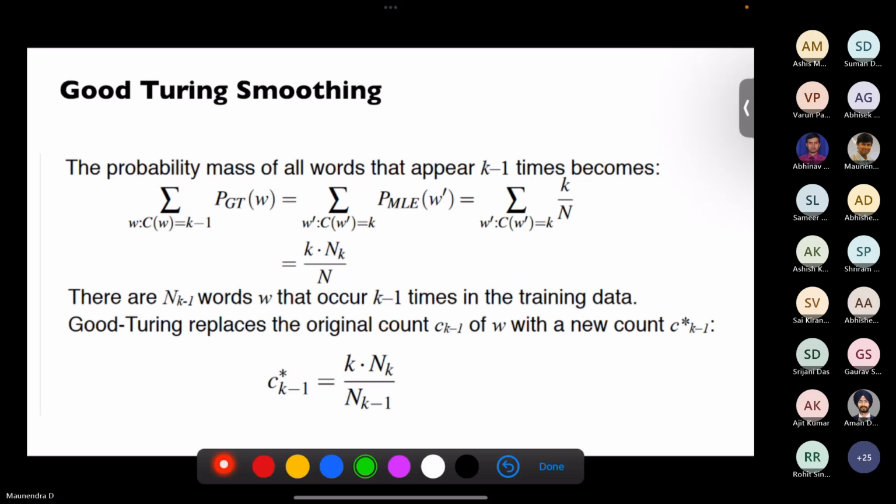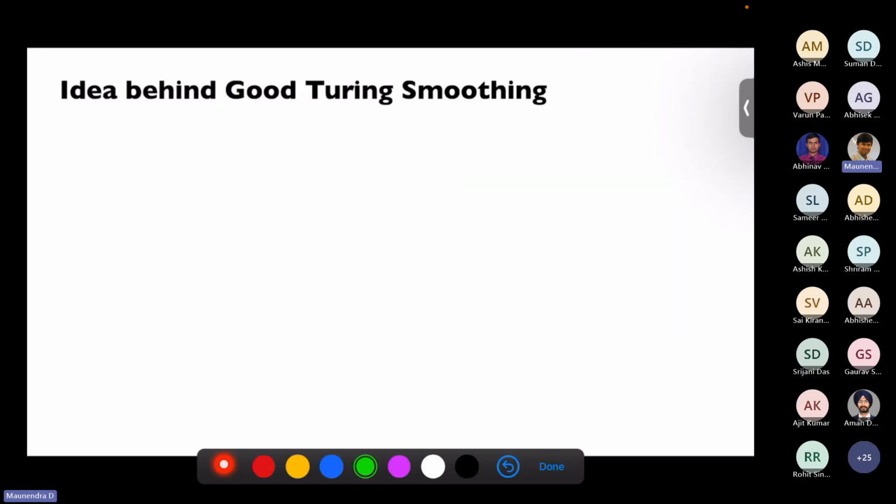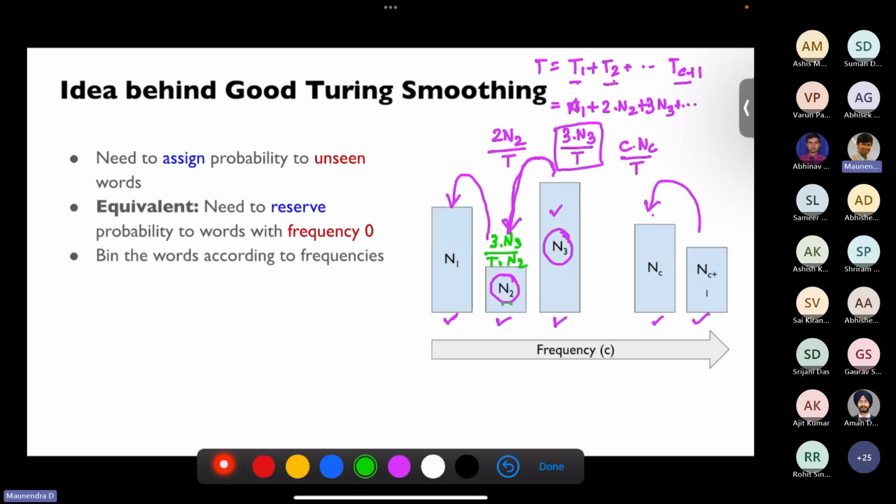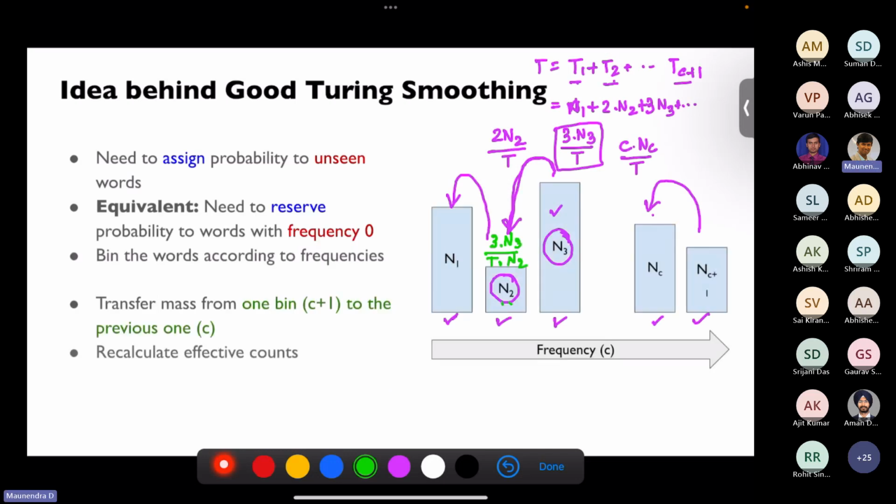So typically the probabilities are nothing but count by T. Now this count is getting adjusted.